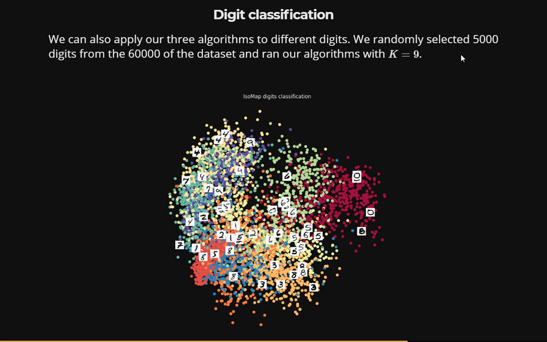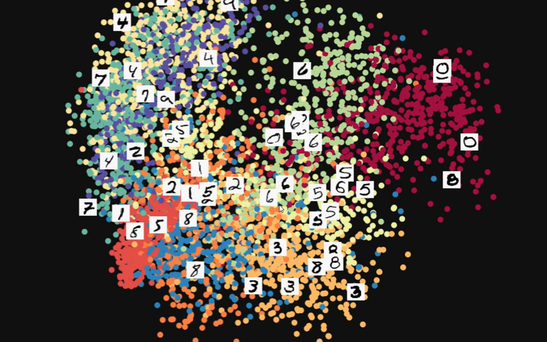Now, this is IsoMap. The digits have different colors, and I've plotted some digits. You can see that you have the 0 and an 8 here. I don't know why you have some 8s around. You have the 0 part here, the 5 part here, I think, and you could tell some other pieces like 3 here. 8 is more or less here.